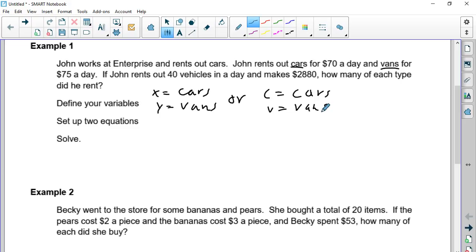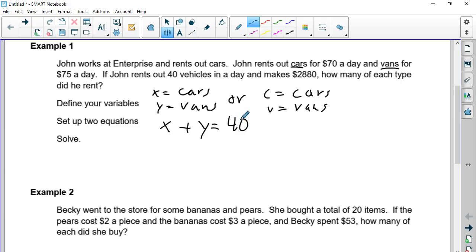Now, when you're doing these, you're going to set up two equations. And the way I like to refer to them is the number line and the value line. So the number line is going to be the number of cars, which is unknown, plus the number of vans, which is unknown, equals the number of vehicles, which is known. And then the value.